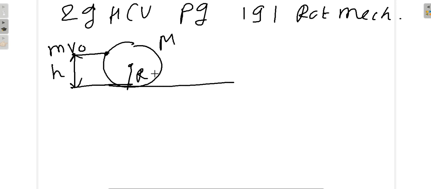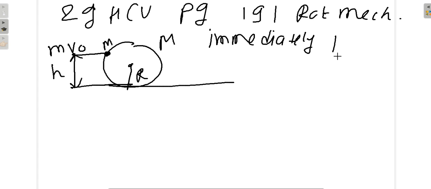Due to the impact, obviously the sphere will start rolling. This particle, after hitting the sphere, sticks to it so that both small m and capital M move together. We are supposed to find the value of the height h in terms of r, so that the sphere immediately starts pure rolling.